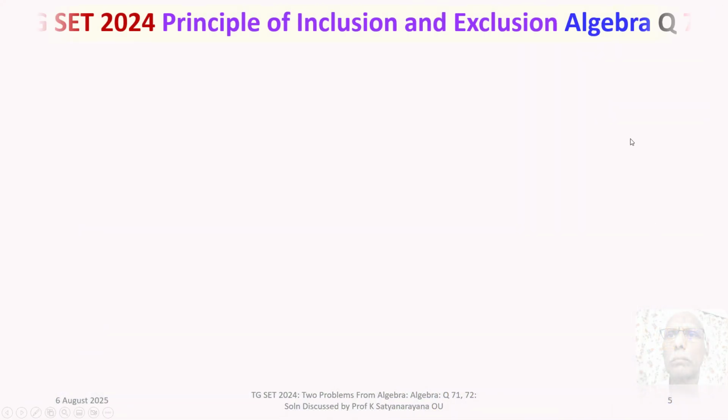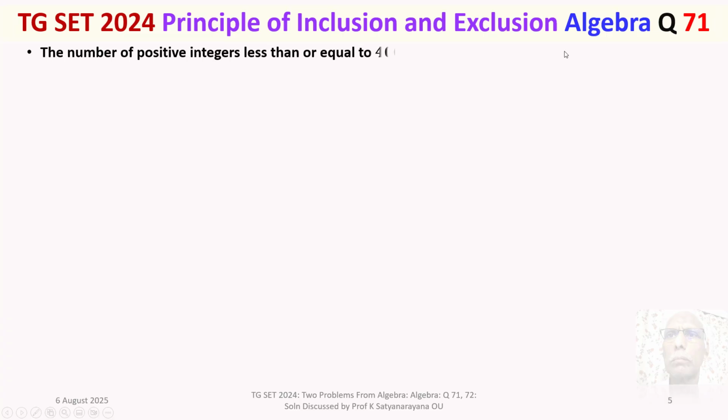We first take up the first question, question number 71 from Algebra, which is related to the principle of inclusion and exclusion. The given question is: the number of positive integers less than or equal to 400 which are not divisible by 2, 3 or 5 is.